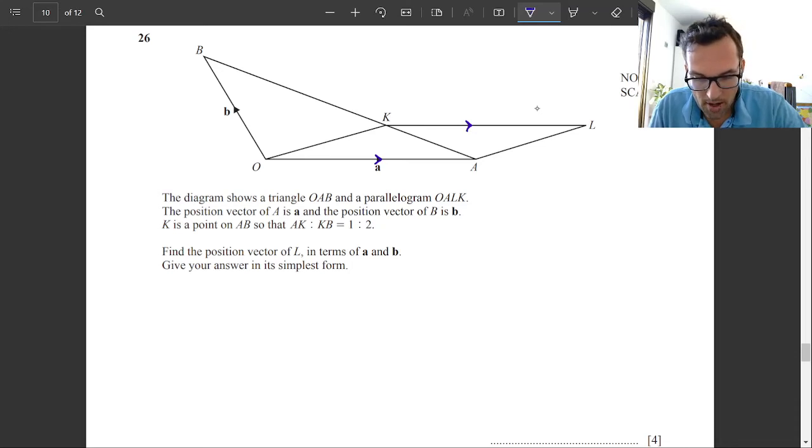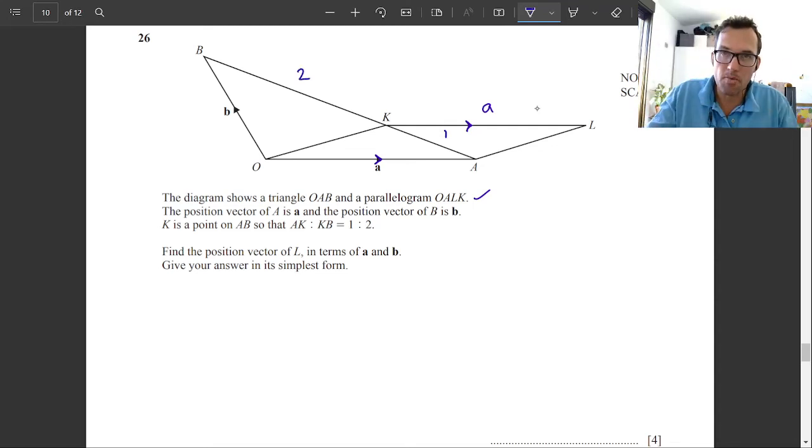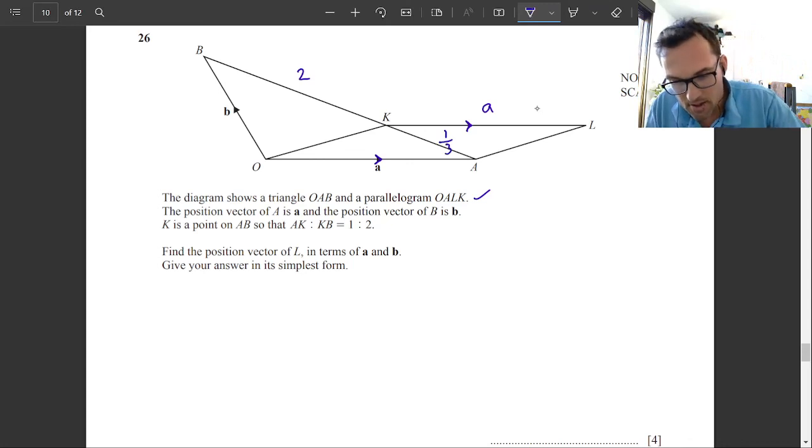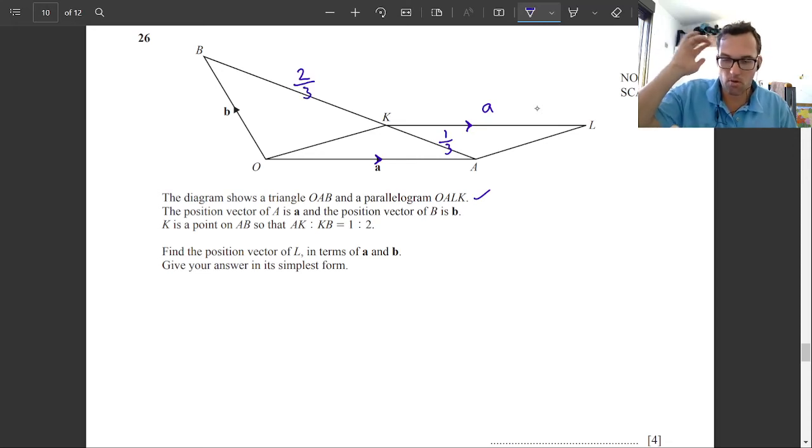That means if OA equals A, KL equals A. The position vector of A is A, so going from O to A is A. The position vector of B is B. K is the point on AB so that AK is in the ratio 1 to 2. So you can see that the whole line AB has been divided into 3 parts. AK is a third, and KB is 2/3. That is what we can get from that ratio.